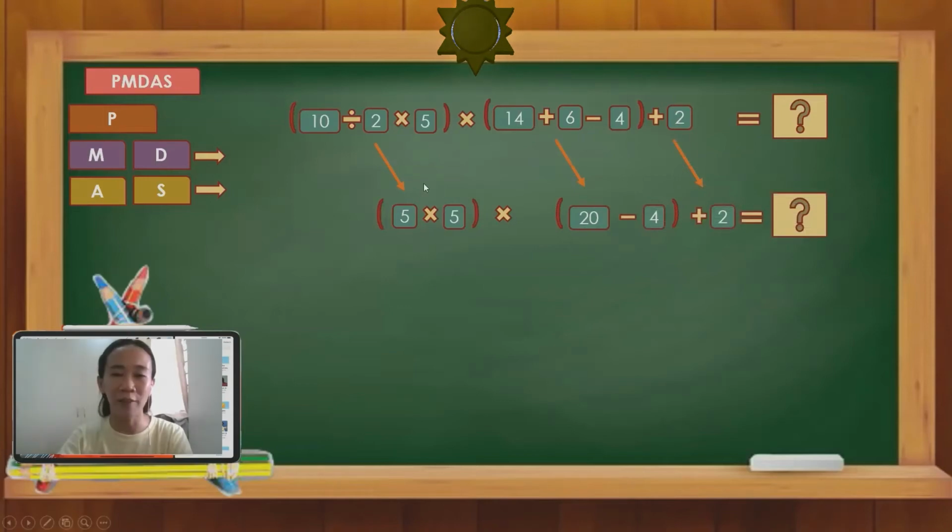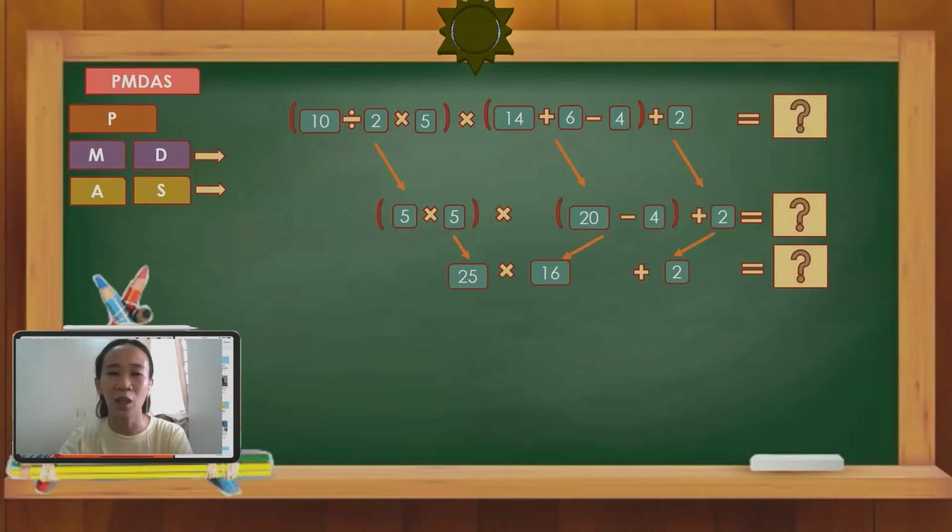Next, we still have the parenthesis. So 5 times 5 is 25 times 20 minus 4 is 16, and then plus 2. Now, do we still have a parenthesis here? No. The next is we will solve multiplication or division from left to right. Here we have multiplication.